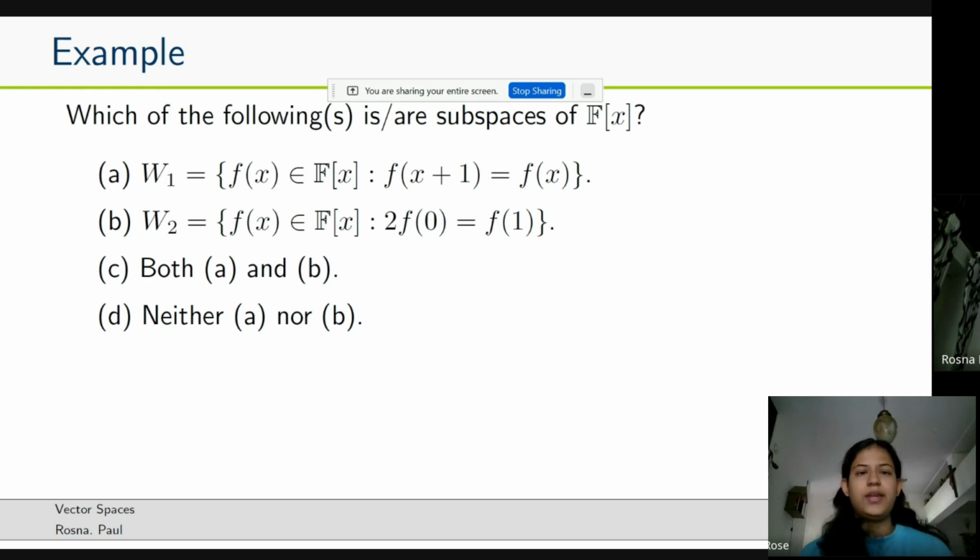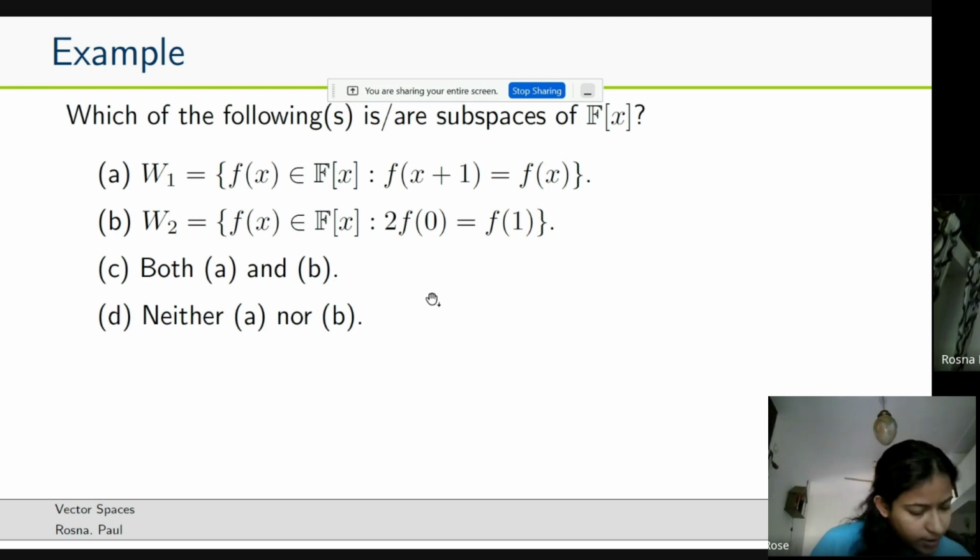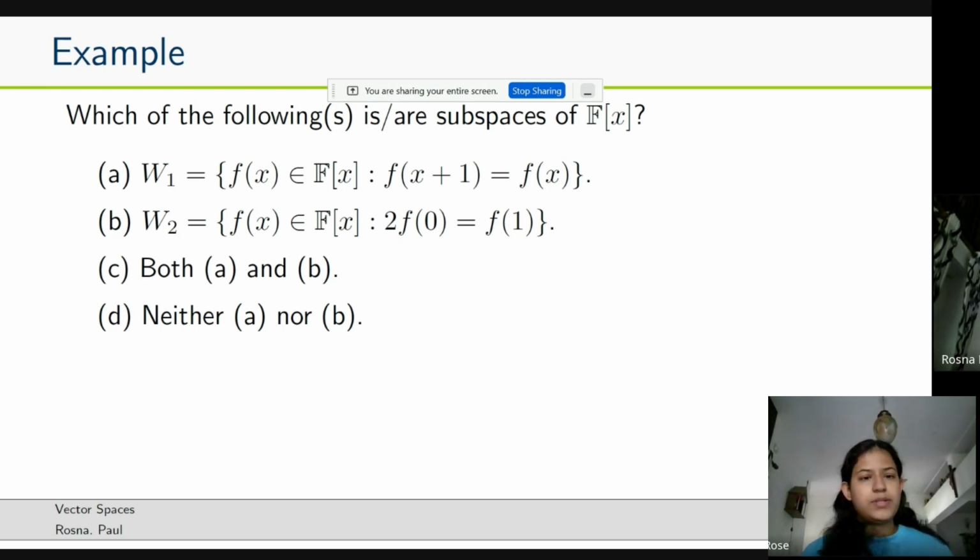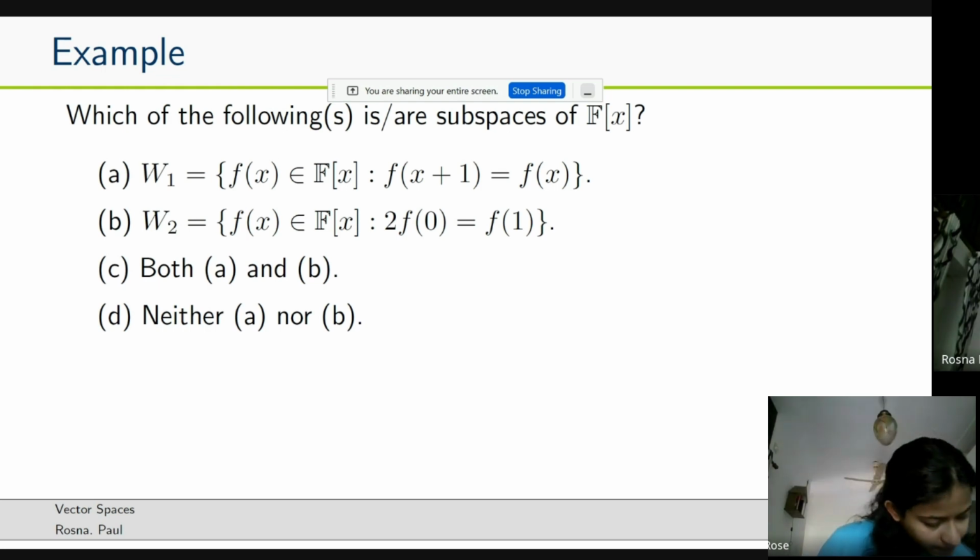That is, which of the following is or are the subspaces of F[x]? Here F[x] is the set of polynomials over the field F. W1 is the collection of all those functions such that f(x+1) equals f(x), and W2 are all those functions such that 2 times f(0) equals f(1). So the question is whether W1 is a subspace, W2 is a subspace, both or neither. For those who already know about subspaces, try this question and then I will explain the solution.